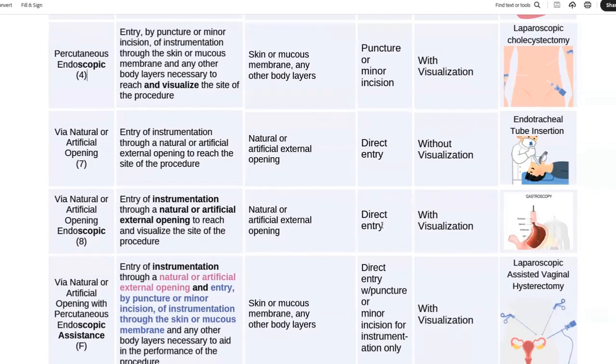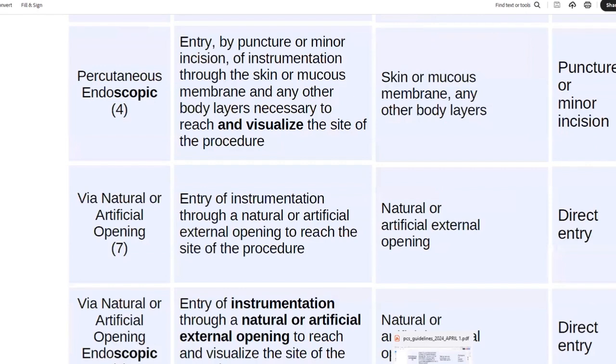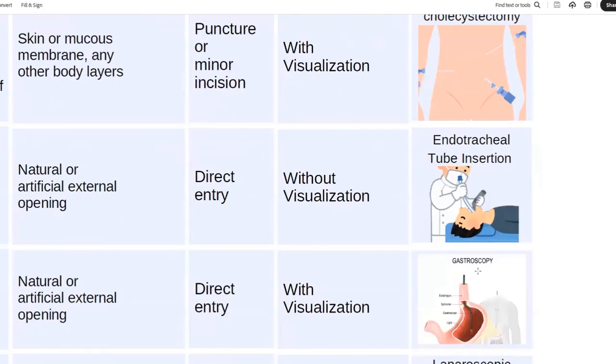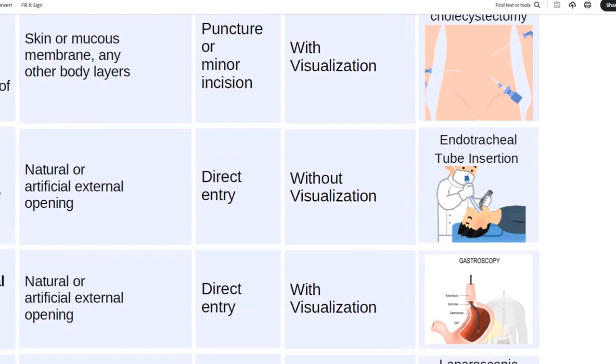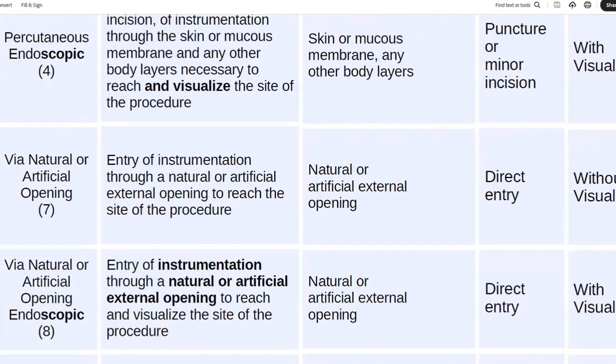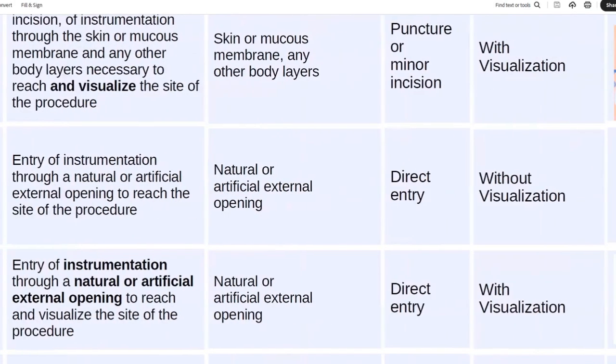Again, we have direct entry, but in this circumstance, we have visualization. Here you can see an example, let's zoom in a bit, of a gastroscopy. Here we have our scope going down through the esophagus, through the sphincter. The gastroscope is in here. We have a light to help us identify where we want to perform or inspect. So again, this would be an example of via natural or artificial opening endoscopic.